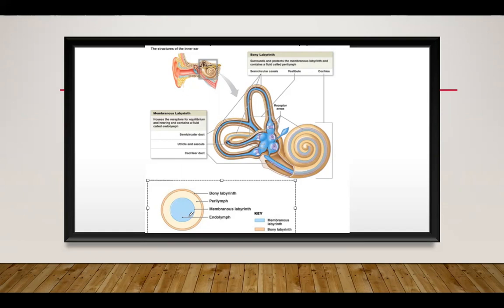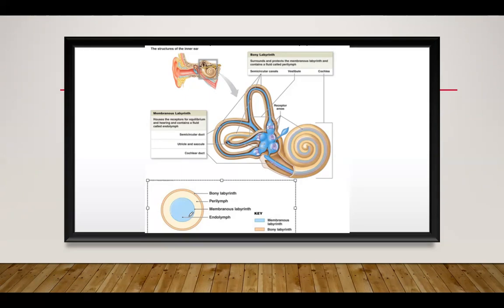So the protective shell is your bony labyrinth, which is filled with perilymph. And at the center of your perilymph, you have another opening or cavity called the membranous labyrinth. And within that, you have endolymph, right? The fluid endolymph.